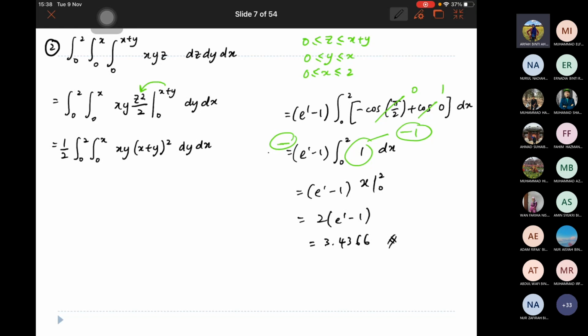Kembangkan X tambah Y kuasa 2. That one. So akan dapat sama dengan 1/2, 0 sampai 2, 0 up until X, XY, X squared plus 2XY tambah Y kuasa 2, dy, dx. Okay.